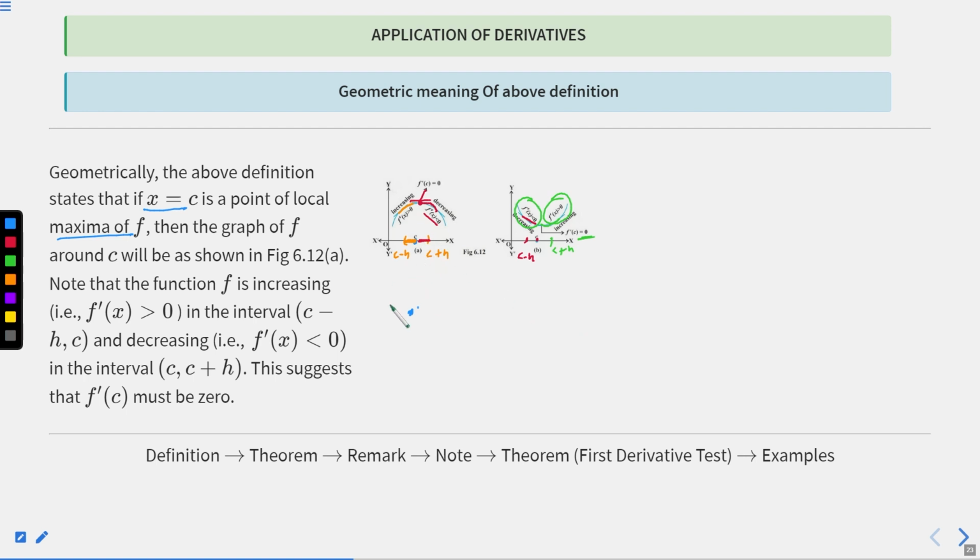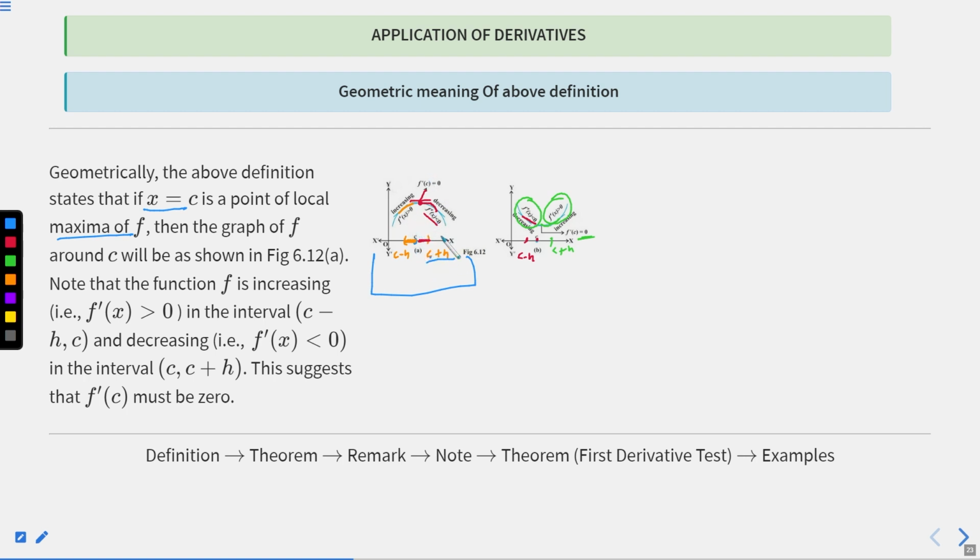So what does it give us? It gives us that in order to find local maxima or local minima, we look at the sign of f prime. In the context of local maxima, on the interval c minus h to c your f prime must be positive, and on c to c plus h your f prime must be negative.